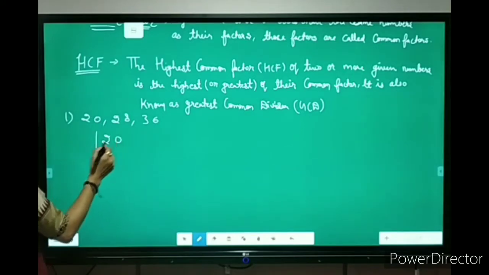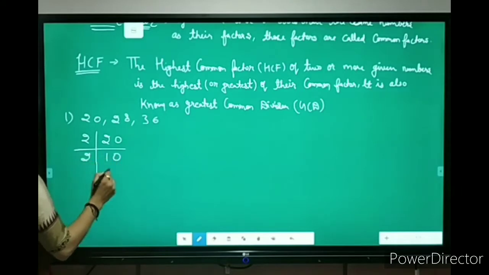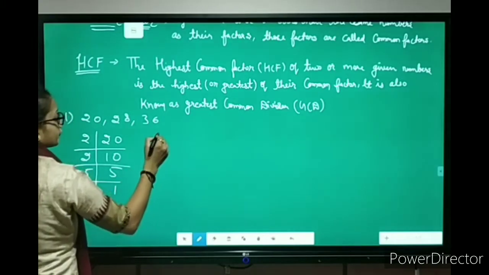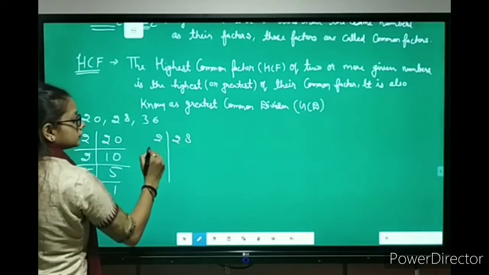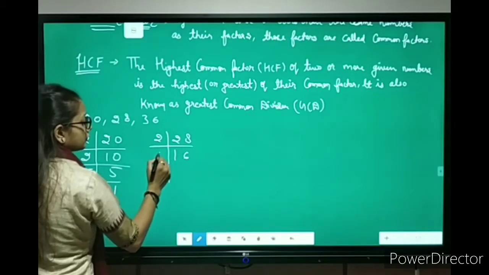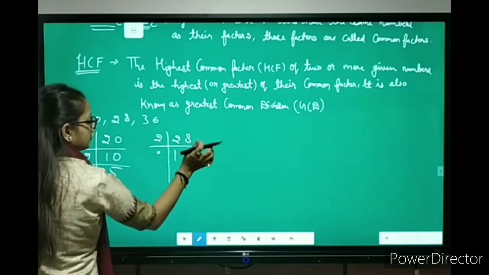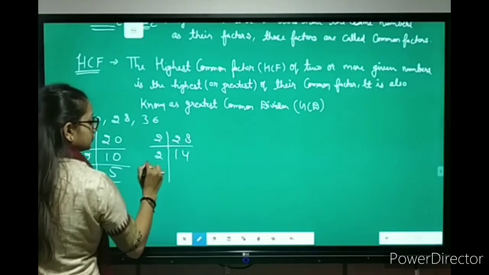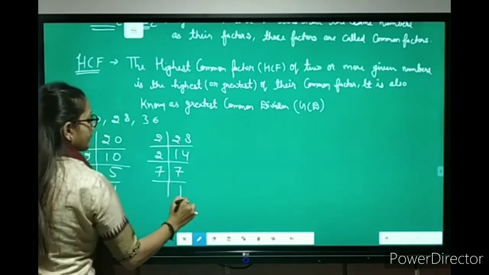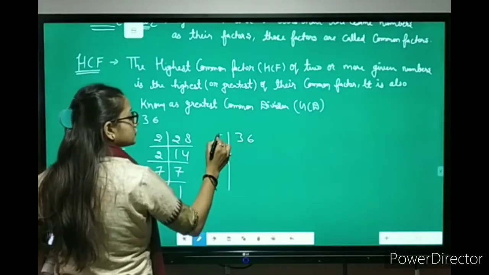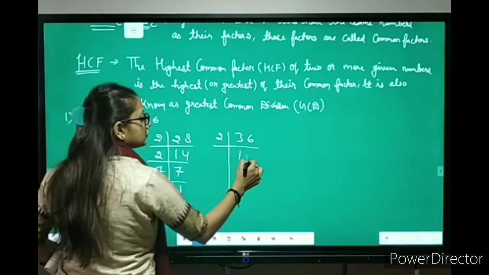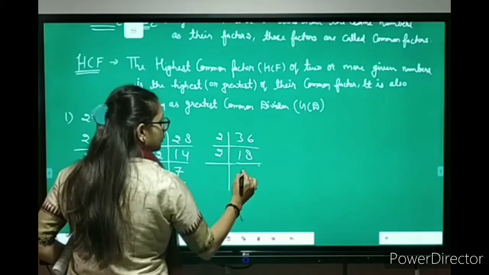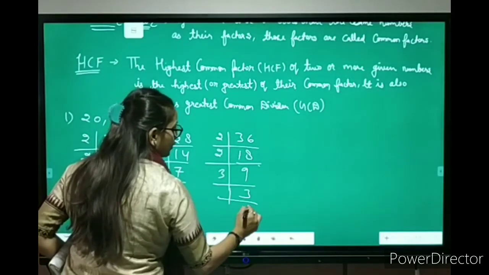Factors of 20, 5 ones are 5. Factors of 28. Factors of 36, 3 threes are 9.